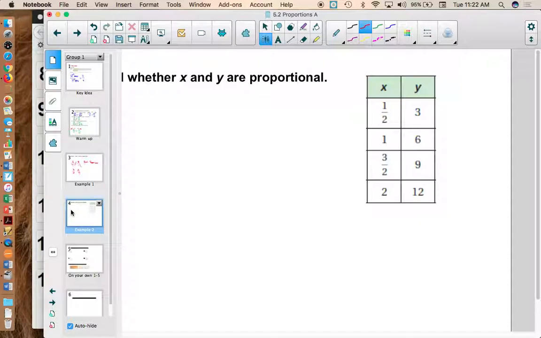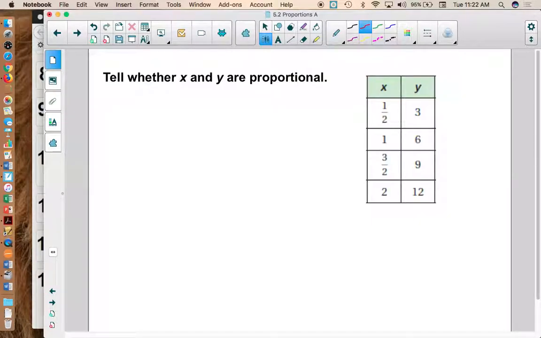Now we've got a table. So what? I got a table. No big deal. Is X and Y proportional? Isn't that what I'm comparing?